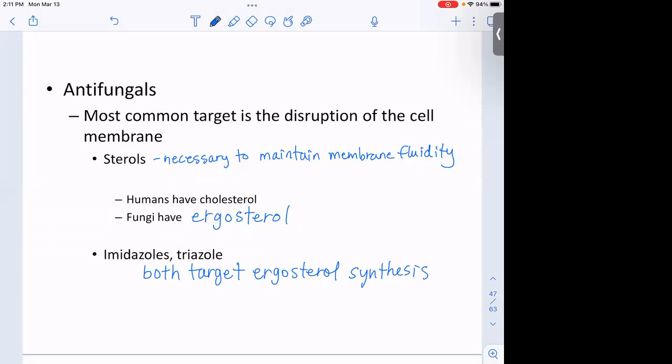So that's kind of the most common mechanism. There are other drugs that actually bind to the ergosterol when it's already made in the membrane and poke holes in the membrane. But I thought, well, let's mention one example at least.